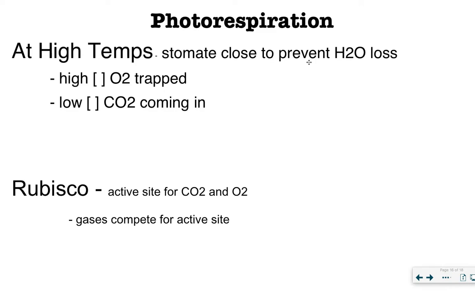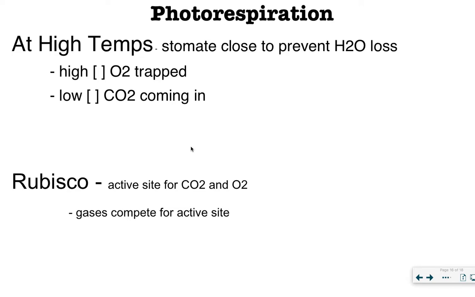So as photosynthesis continues to occur, oxygen levels begin to build up in the leaf, causing the oxygen concentration to be very high, whereas CO2 levels are going to continue to get lower and lower because there's no way for carbon dioxide to enter the leaf if the stomata are closed. So the plant is attempting to conserve water, but creating a gas imbalance at the same time.